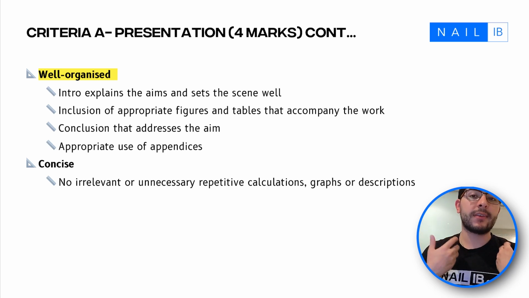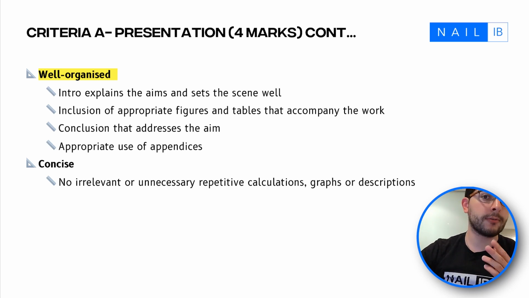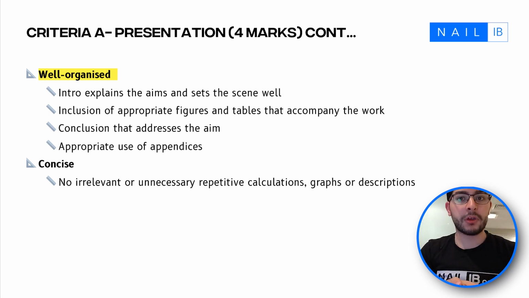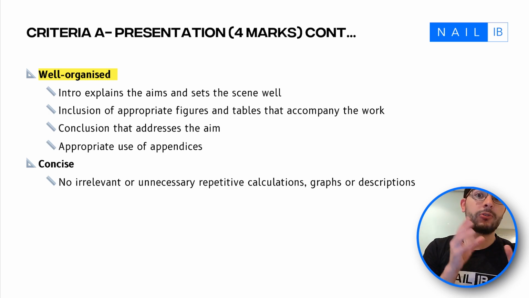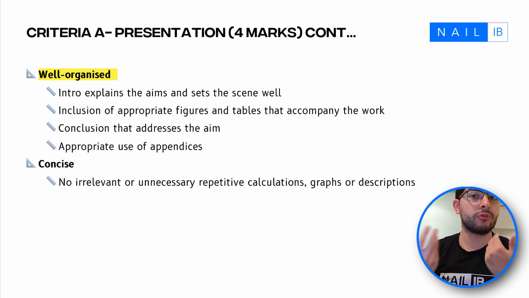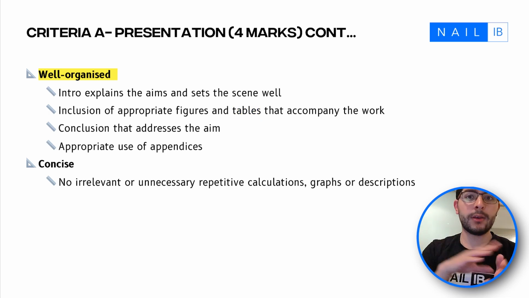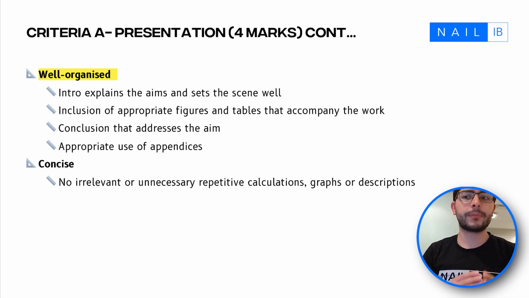So if you throw in a graph and you call it figure 1, modeling of whatever, in your actual body, in the typed up part on the side, you need to directly reference that figure and explain how that directly contributes to the working out, or how it helps explain the aims that you're trying to do. Similarly, for a table, you need to also say table 1, label it, and then reference it directly in the actual written part of the IA.